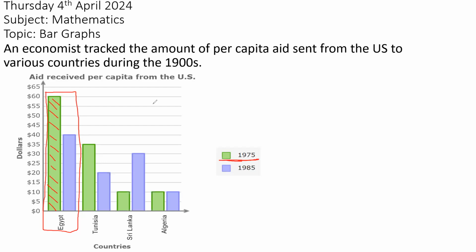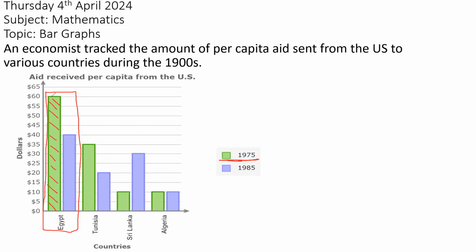What was it based on this bar graph? It was not 70. I can't hear you, Milo. 60. Yes, 60, very good. So $60 per capita was sent from the United States to Egypt.